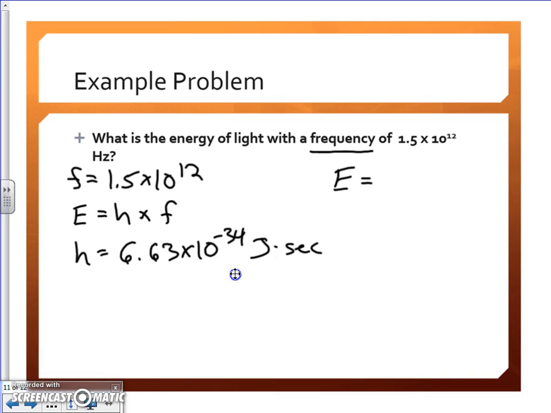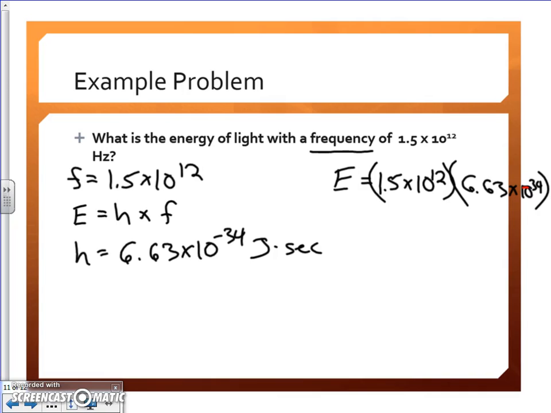So energy equals 1.5 times 10 to the 12th, times H, 6.63 times 10 to the negative 34th. Plug this into my calculator, not forgetting to use the EE button. Times 6.63 EE negative 34th.